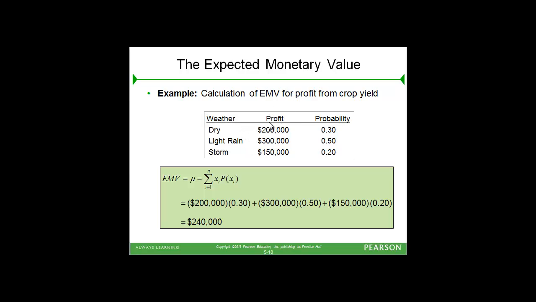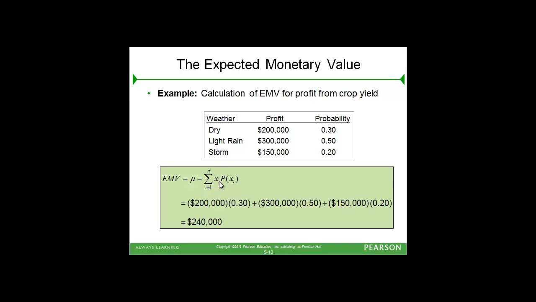$200,000 when the weather is dry, $300,000 profit for light rain weather, and $150,000 when the weather is a storm, with a probability for each random variable. How do we calculate the expected monetary value? That means the mean of the discrete probability distribution here. So EMV is equal to mu, equal to the sum from 1 to 3 of xi times the probability of xi.